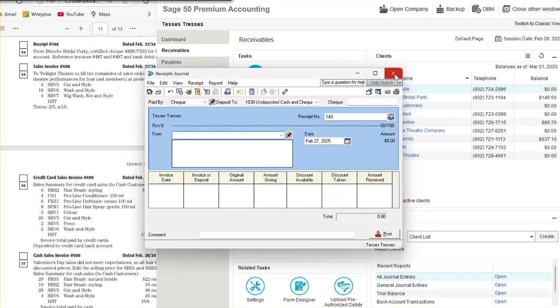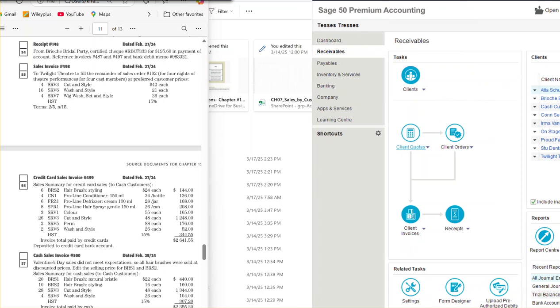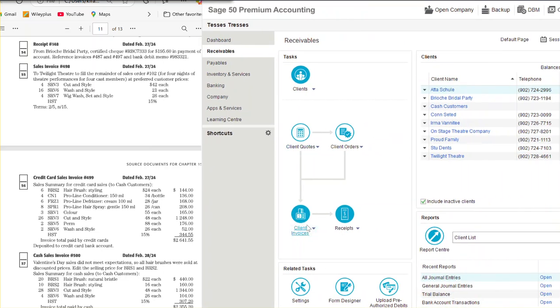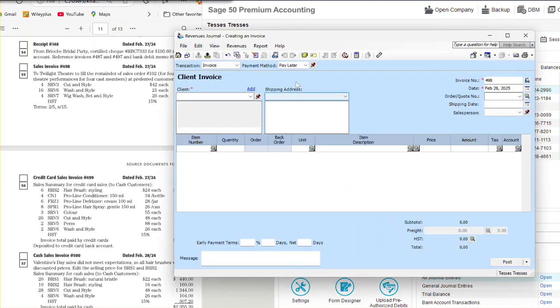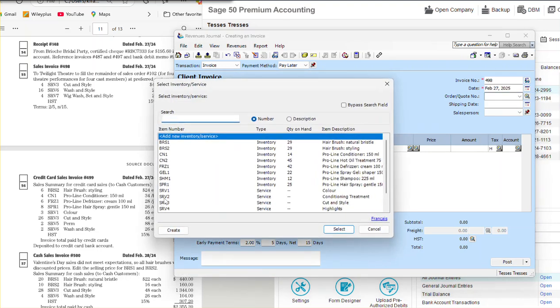Next one is my sales invoice. I'm going to go here, sales invoice, double click it, and it is by Twilight. So let's go to Twilight Theater, and 98. The date is the 27th. Please make sure you are picking up the right product code.